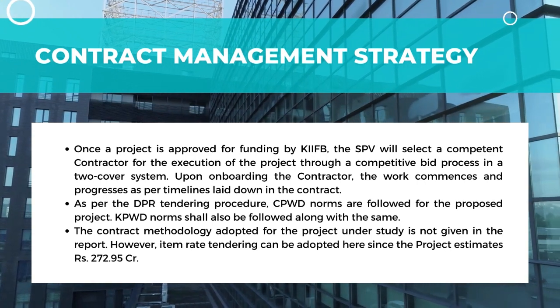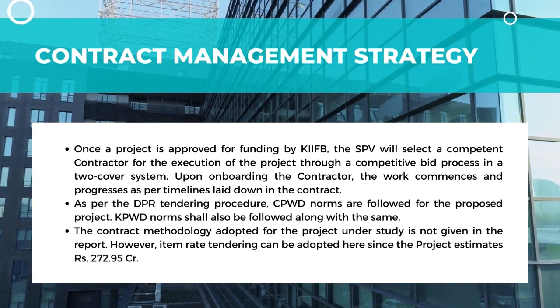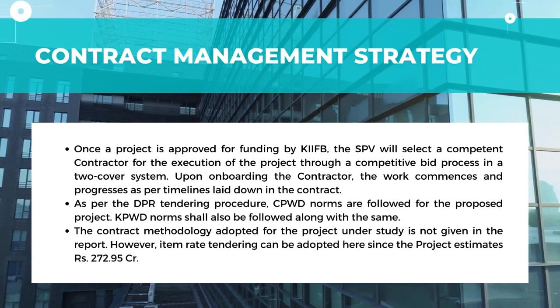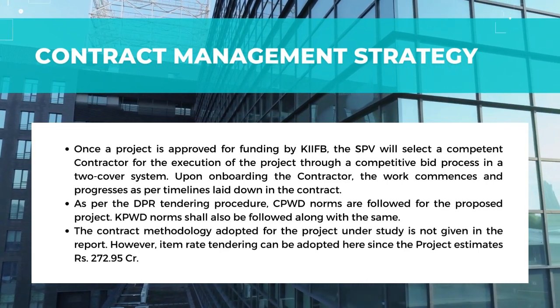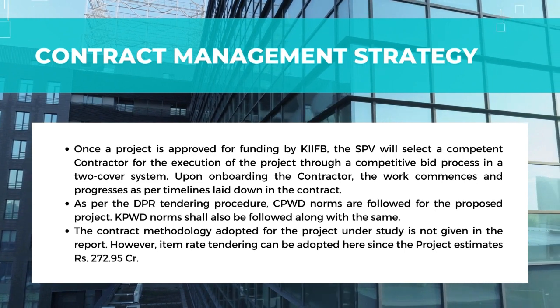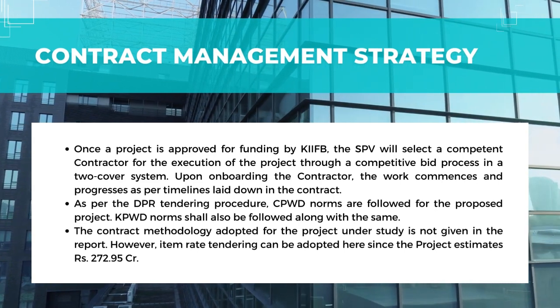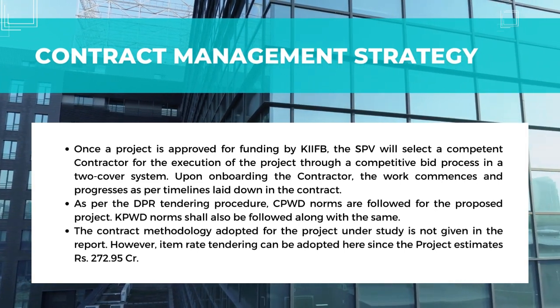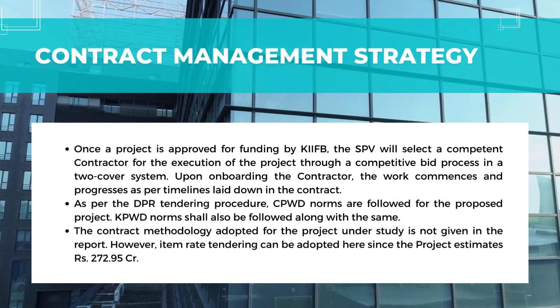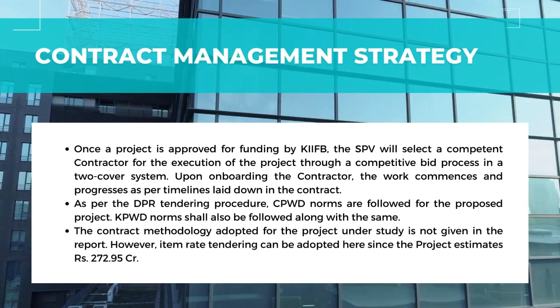As per the DPR tendering procedure, CPWD norms are followed for the proposed project. KPWD norms shall also be followed along with the same. The contract methodology adopted for the project under study is not given in the report.